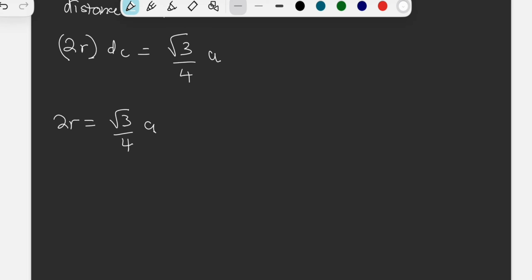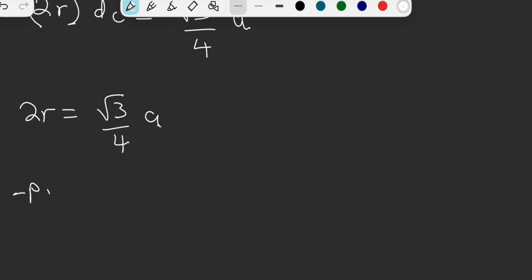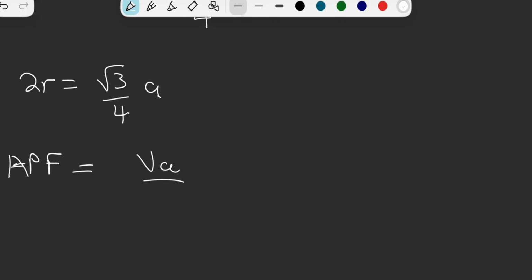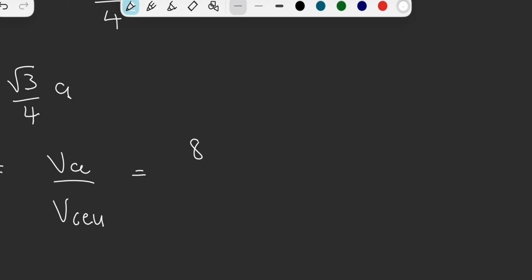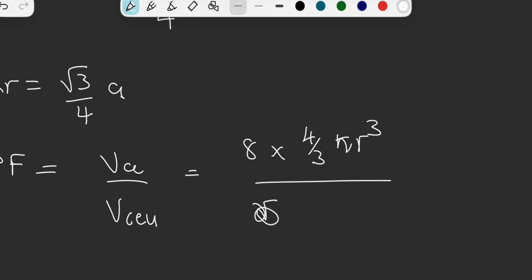Okay, so it's going to be easy for you now to find the atomic packing factor, which is going to be the volume of atoms divided by the volume of the cell, Vc. So the volume of atoms is going to be 8 times 4 over 3 pi r cubed, over the volume of the cell, which is a cubed.